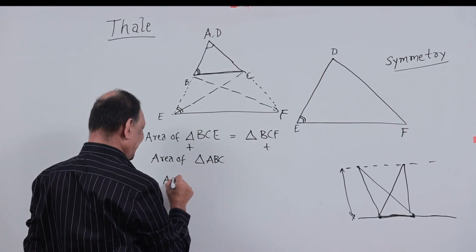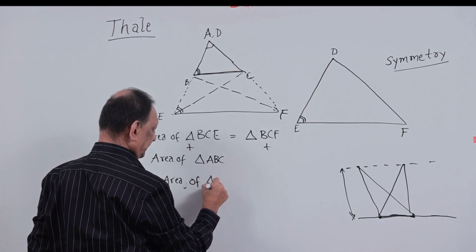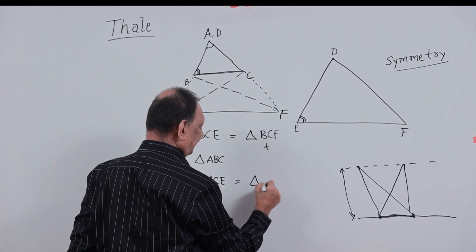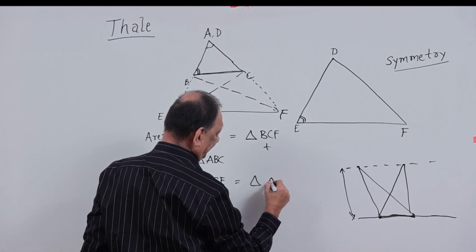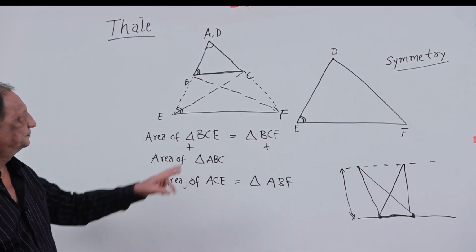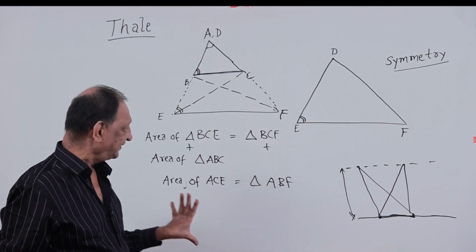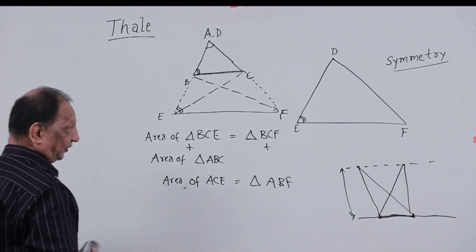So area of triangle ACE is the same as that of triangle ABF. Correct? When you add ABC to BCF, you get ABF. So those two triangles have the same area. So that is one conclusion.